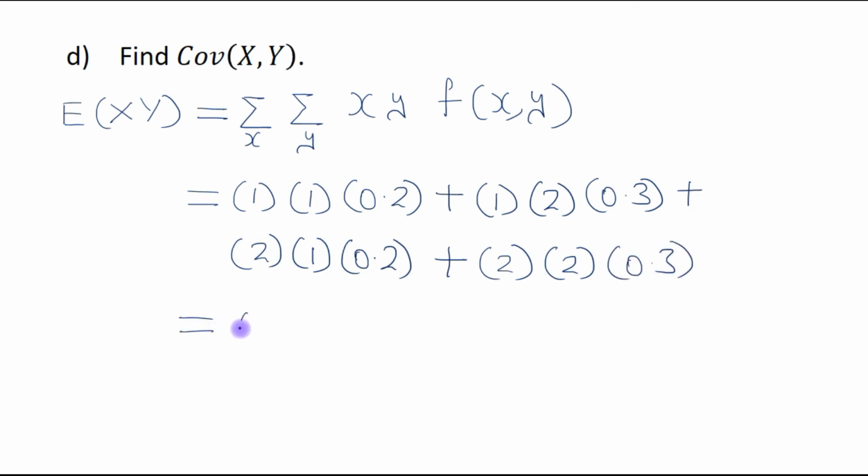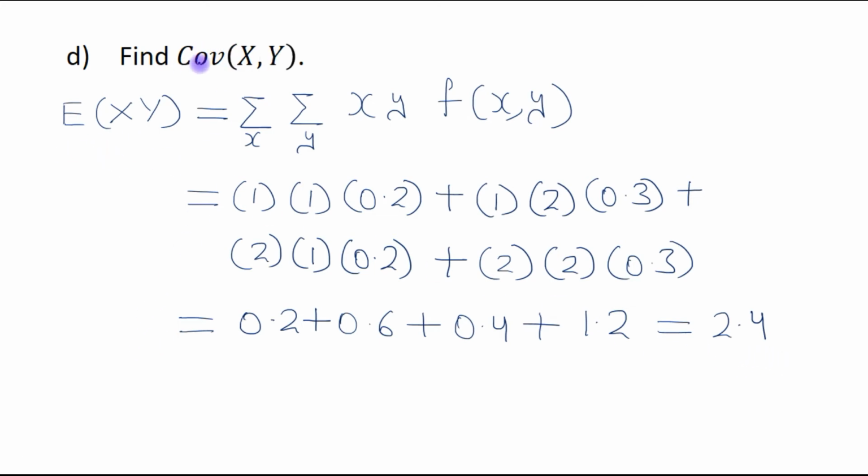So it will be 0.2 plus 0.6 plus 0.4 plus 1.2, and this will become 2.4. So the expected value of xy is 2.4.